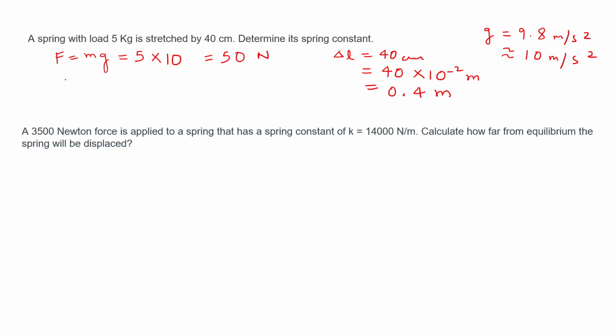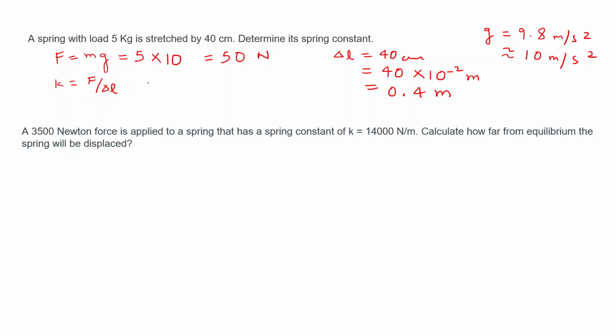Now we know k is F by this elongation, delta L or x, we can call it anything. There is a negative sign also, but for magnitude we don't need it, it's just to denote the opposite direction.